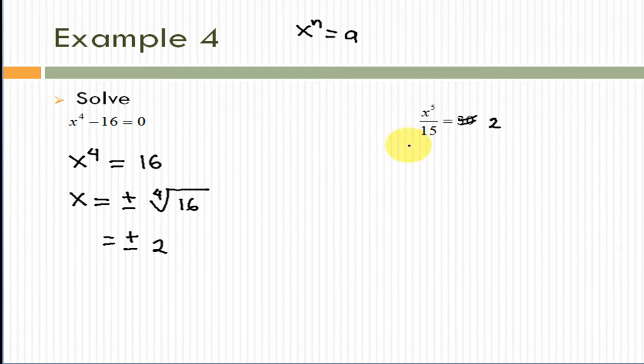So 15 times this will be x to the fifth, and 15 times 2 is 30. Now we are in the situation where the exponent is odd. Remember, when the exponent is odd, we only have one solution, which is the fifth root of whatever that number is. In this case, the fifth root of 30.